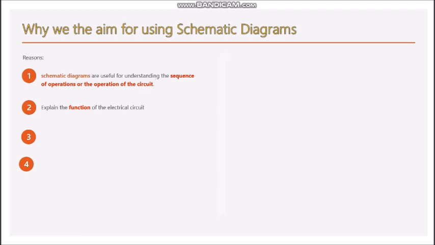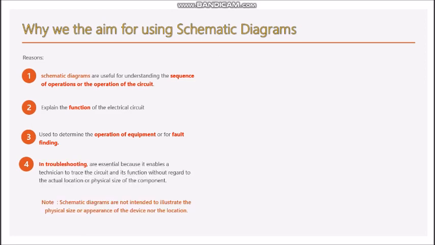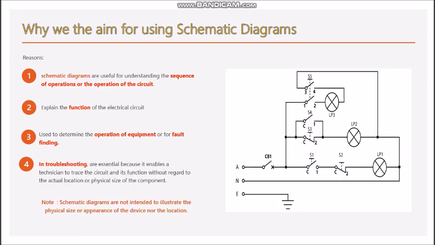Nobody can trace a fault or do troubleshooting without reading this drawing carefully and understanding the schematic diagram. So it helps us with fault finding, tracing the fault and troubleshooting.